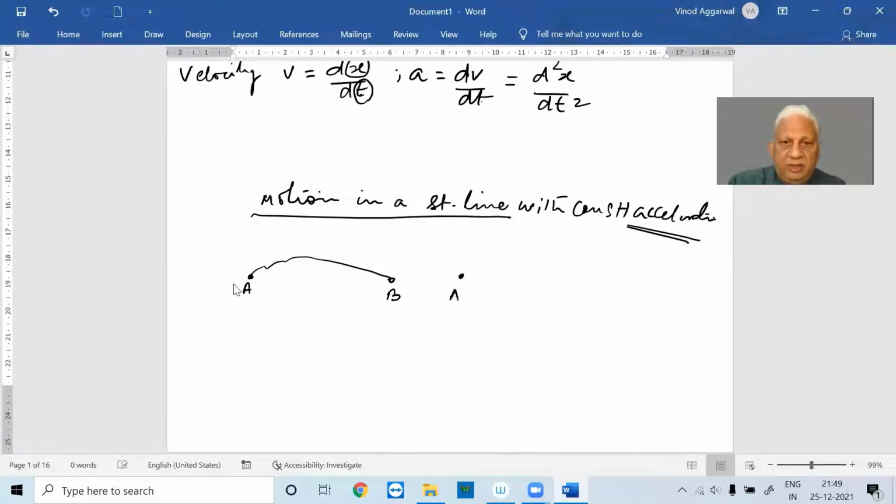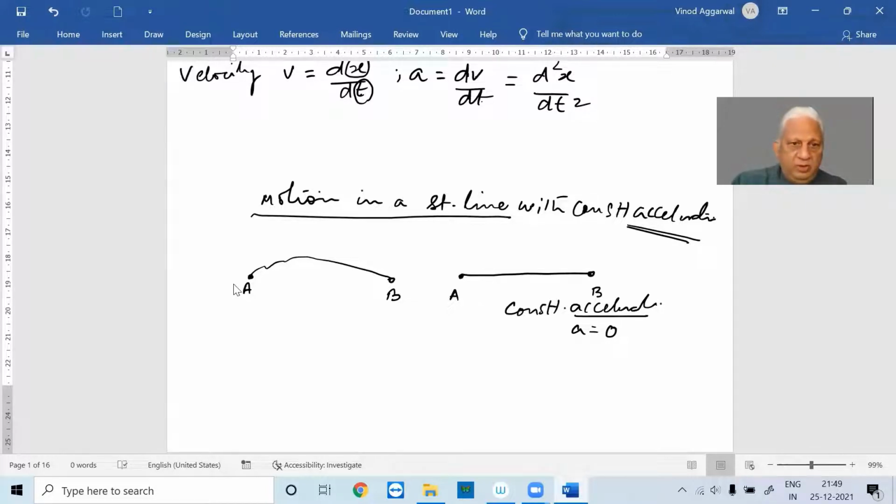Let's say we start from A and we move in a straight line and go to point B with a constant acceleration. Constant acceleration doesn't mean that you have to have acceleration. Acceleration could be zero also, in which case your velocity is constant. Okay.